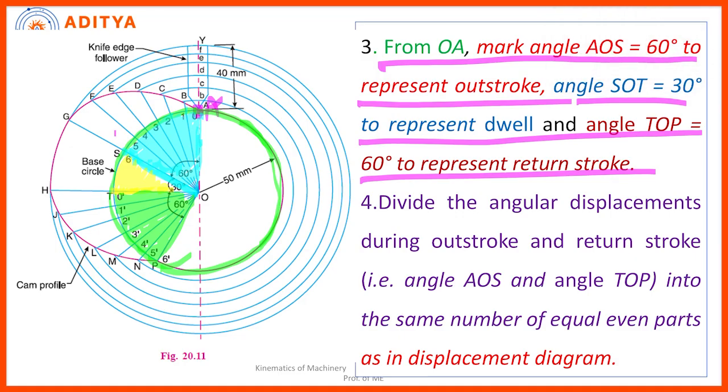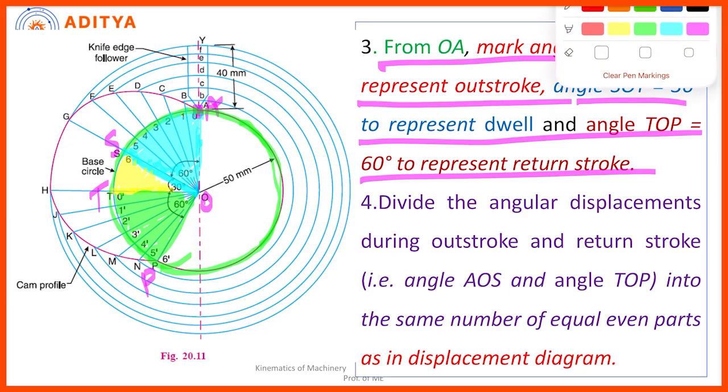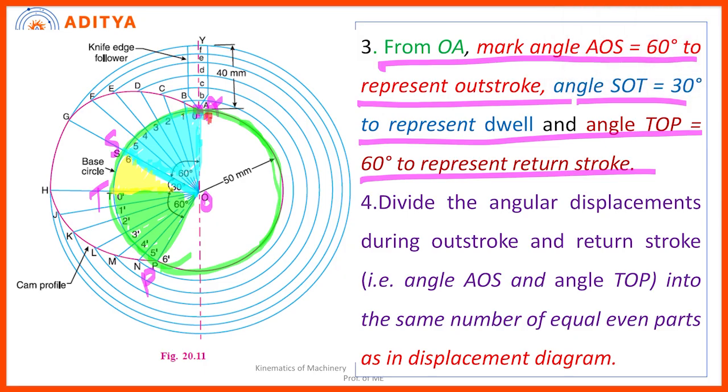This is point A, this is S, this is T, and this is P. So AOS is the rise, SOT is the dwell, TOP is the return, and the remaining part, what is this? It is completely dwell 2. Okay, it is completely dwell.